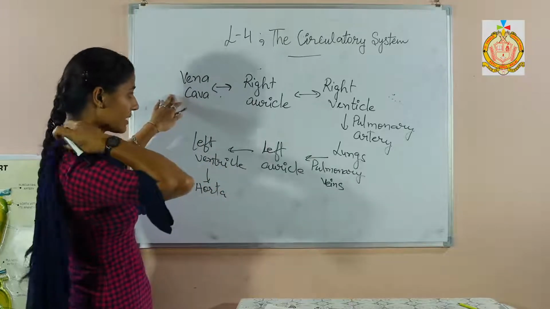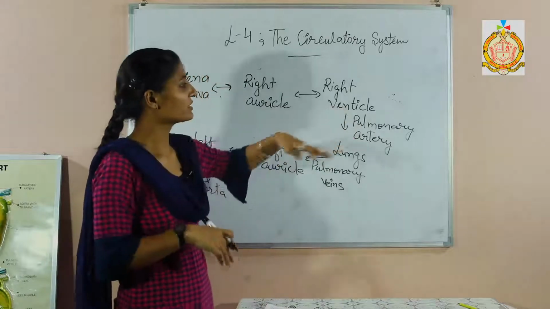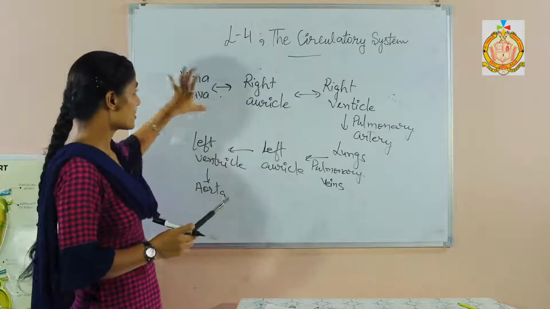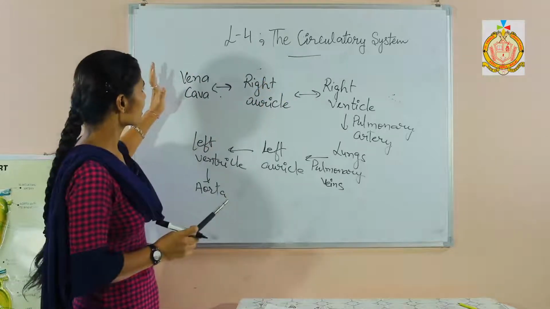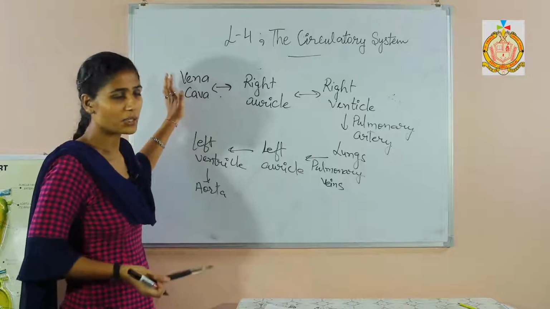Now, from the vena cava to the lungs, up to the right ventricle, this is known as the cardiac cycle, or systemic circulation, because they are taking the deoxygenated blood and sending it to the lungs for the purification.